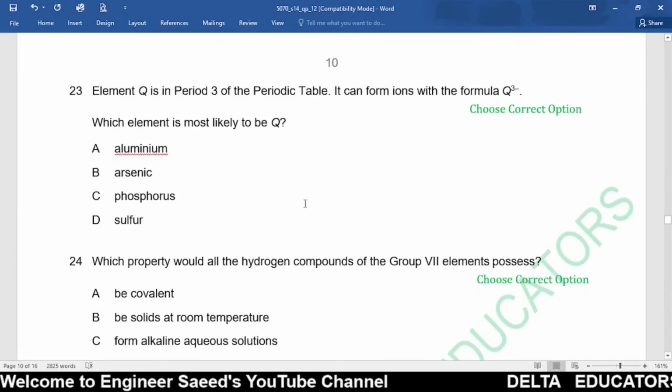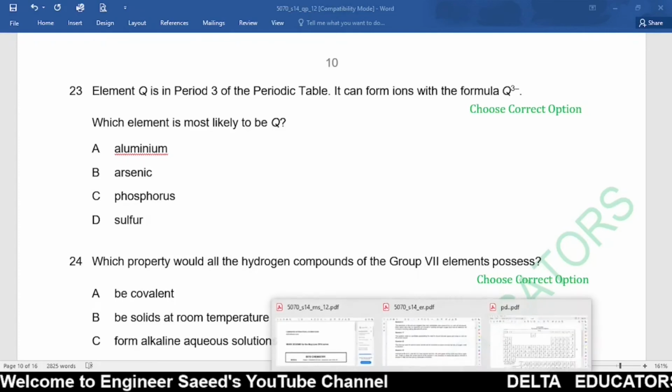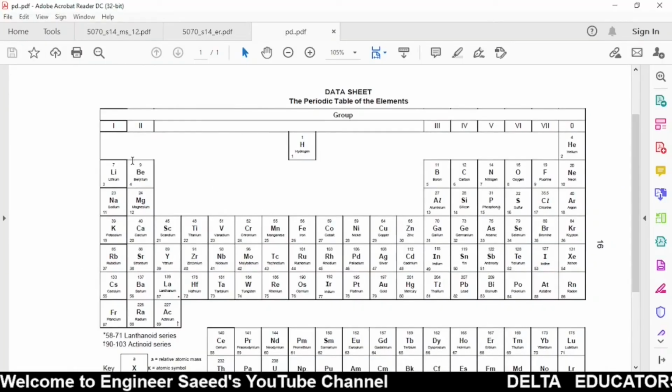Question number 23. Element Q is in period 3 of the periodic table. It can form ions with the formula Q minus 3. Which element is most likely to be Q? Here we check the periodic table. It is first period, second period, third period. Now the element belongs to the third period and it has a charge of minus 3.